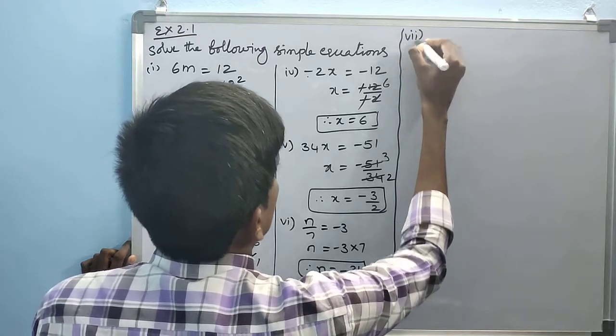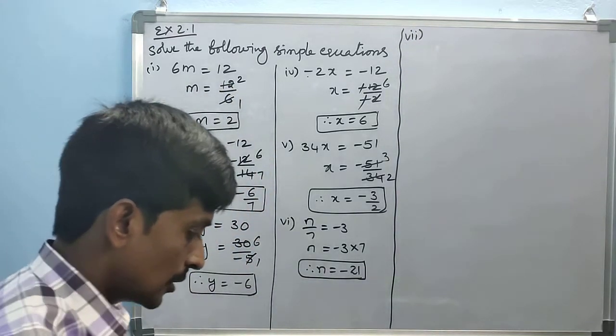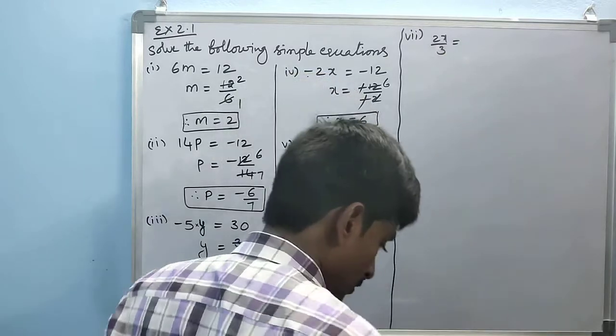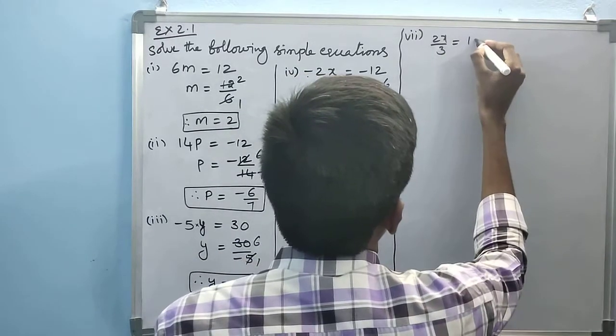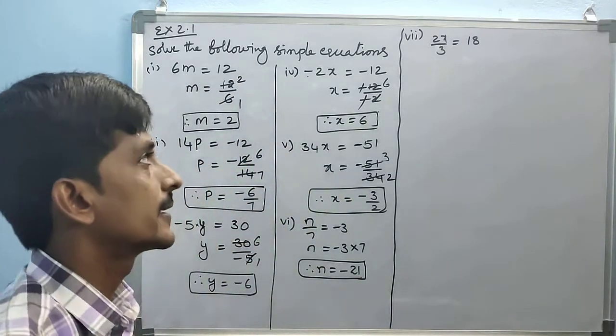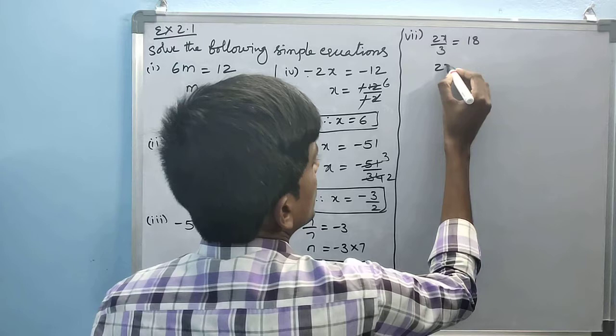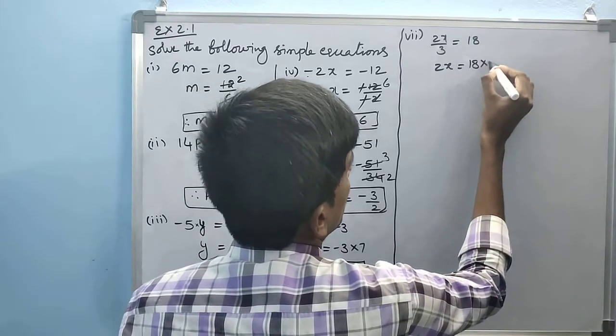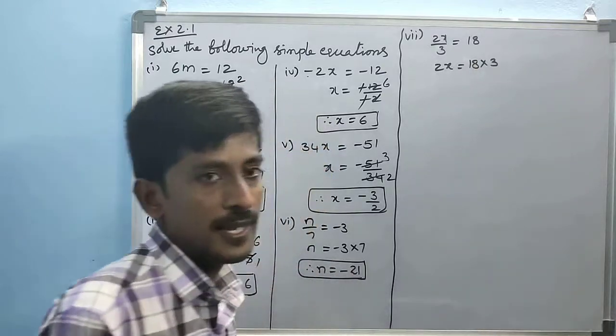And what about the seventh one? 2x by 3 equals 18. Okay. 2x equals, here 3 is division, transferred to that side it becomes into, so 18 into 3.